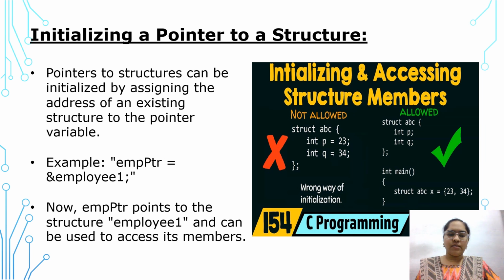So here it means empptr points to the structure employee1 and can be used to access its members. And if we look at the picture, it is given that initializing of structure pointers can be done only with addresses, not with values.